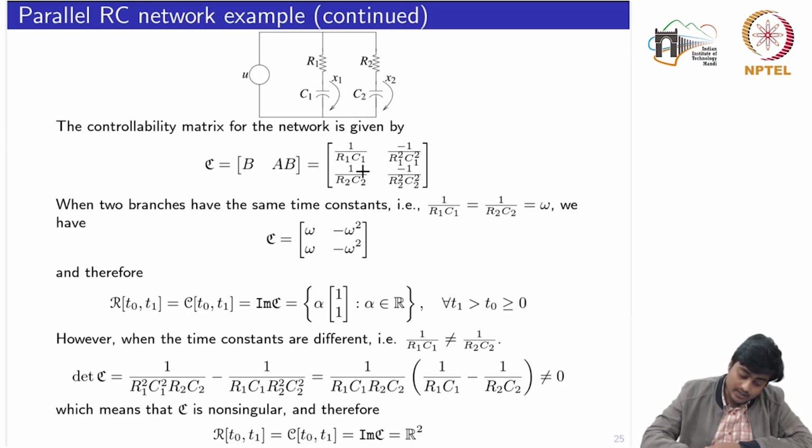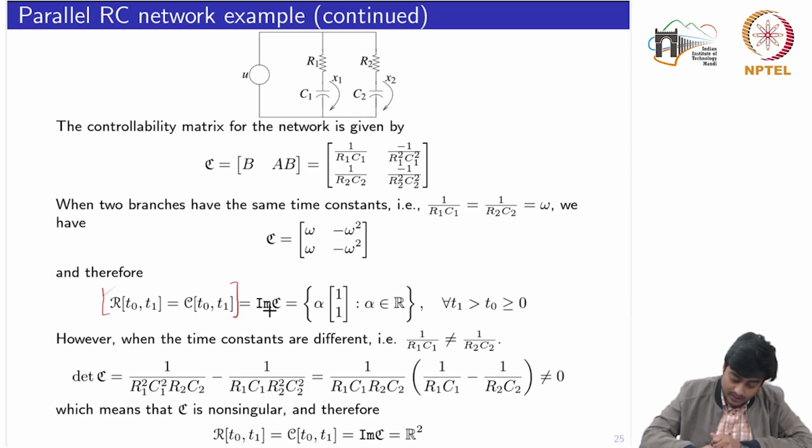So again, if we compute the controllability matrix for that particular example, we would obtain this. Those subspaces we computed when R1 C1 is equal to R2 C2. So if I put R1 C1 equal to R2 C2 here, we would have the controllability matrix equal to this, and therefore the reachability subspace is equal to the controllability subspace, which is the conclusion we had seen in the previous example.